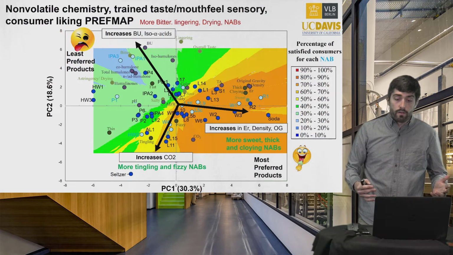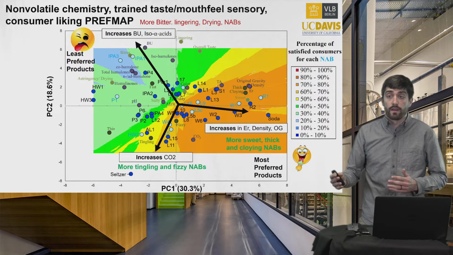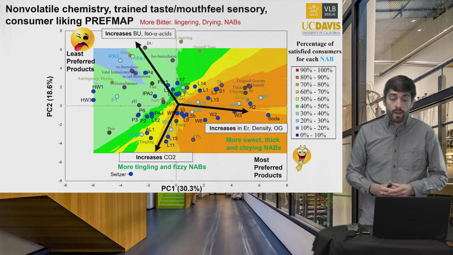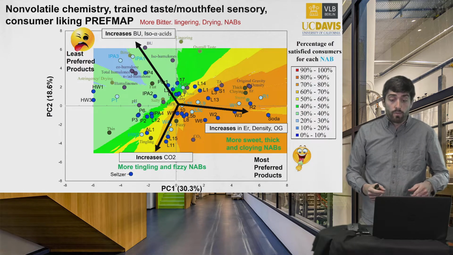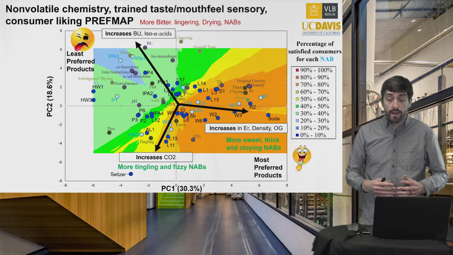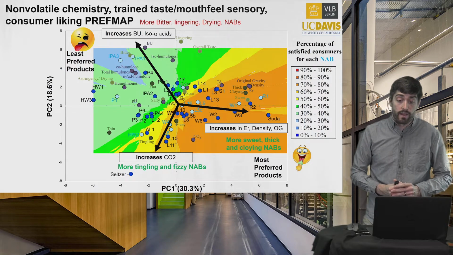Again, there were also clear relationships with the analytical factors driving the differences between taste and mouthfeel as well. For example, if we go towards that top blue area, consumers were least satisfied with NABs that had high bitterness, which was correlated to high BUs and high isoalpha content.